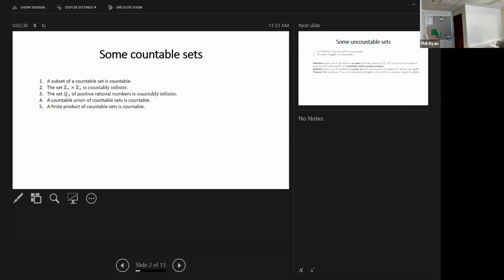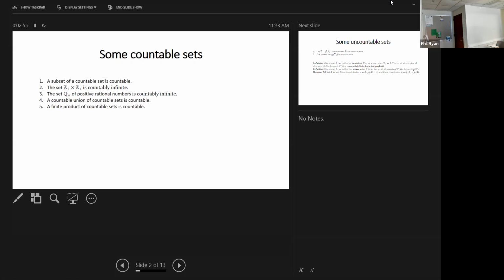Okay, so as a corollary to that, any subset of a countable set is going to be countable. That's true because if you've got a countable set, then you have an injection from that set into the positive integers.